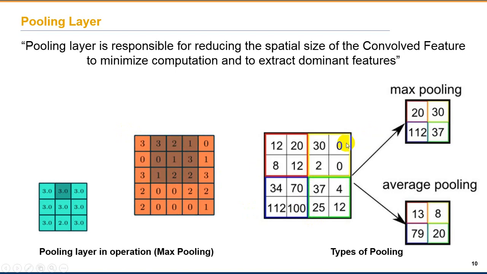There are two types of pooling: max pooling and average pooling. In max pooling we just take the maximum value from the given frame, and similarly in average pooling we take the average value of the whole frame.